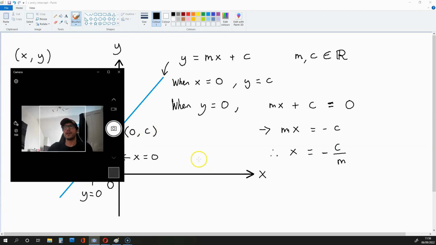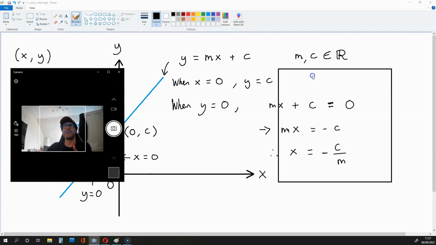Okay, now what happens when y is equal to 0? Well, when y is equal to 0, you're going to get mx plus c is equal to 0. This is going to imply that mx is equal to minus c. Therefore, x must be minus c over m.